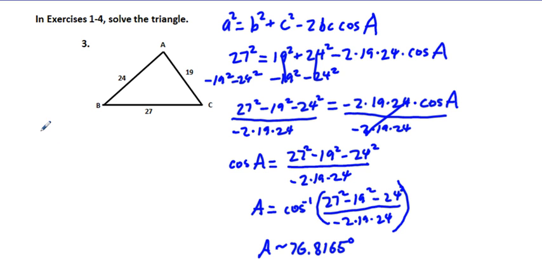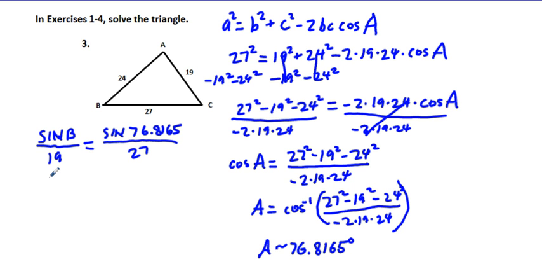So we have, using law of sines, sine of angle B over the side opposite, which is 19, equals the sine of 76.8165 degrees all over the side opposite, which is going to be 27.